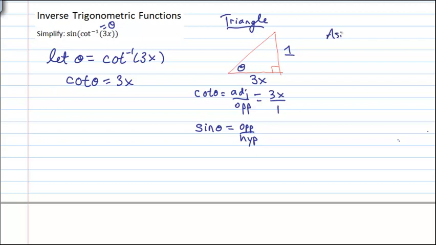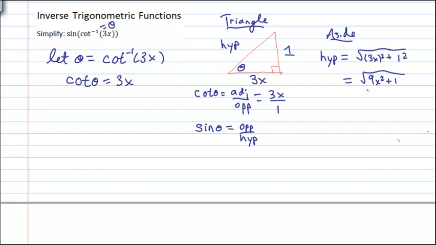Let's do a little aside and solve for the hypotenuse. Well, we can just use Pythagorean's theorem. So it will be the square root of 3x squared plus 1 squared. So this is going to be equal to the square root of 9x squared plus 1.